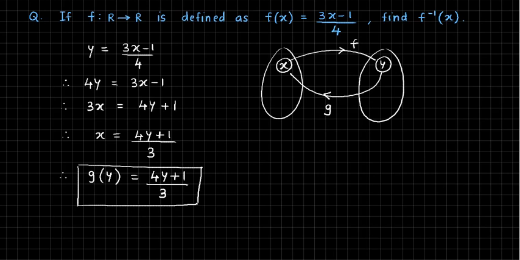Now typically while writing the function we use the symbol x, right? So therefore generalizing we can write that instead of g of y we can write it as, say, f inverse of some label x given by 4 times that label x plus 1 upon 3. So now we have to carefully understand that this x which I have written here does not mean the x here, alright.